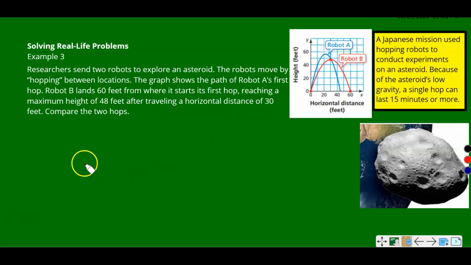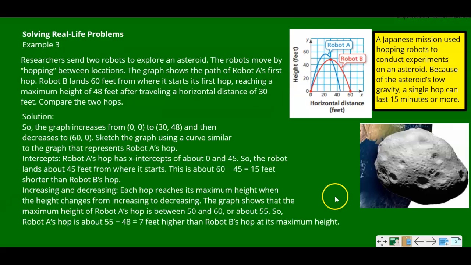All right, so solving real-world problems and being able to compare the hops, most importantly, was to have them both graphed so you could visually see what was going on, and then it makes it easier to compare. All right, if you have any questions, please let me know.